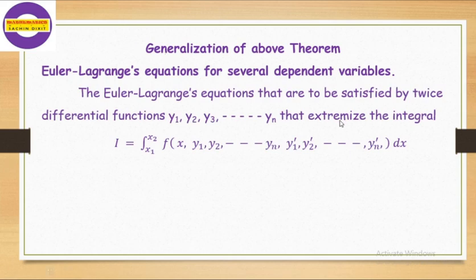The Euler-Lagrange equations that are satisfied by the twice differentiable functions y1, y2, y3 up to yn that extremize the integral I equals integral from x1 to x2 of f of x, y1, y2 up to yn, comma, y1 dash, y2 dash up to yn dash, dx.